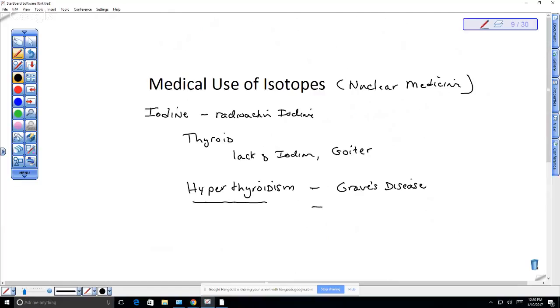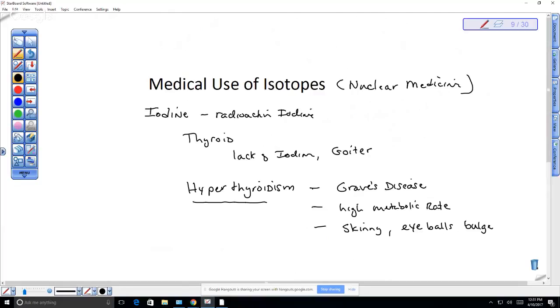You have a high metabolic rate, which means that you're just burning energy really, really fast. And so you tend to get really skinny. So you get skinny and you lose weight. And another sign of a person who has hyperthyroidism is that they have bulging eyeballs. So their eyeballs tend to bulge out. I think it has to do with losing fat around their eye. So they look like they have big eyes, right?